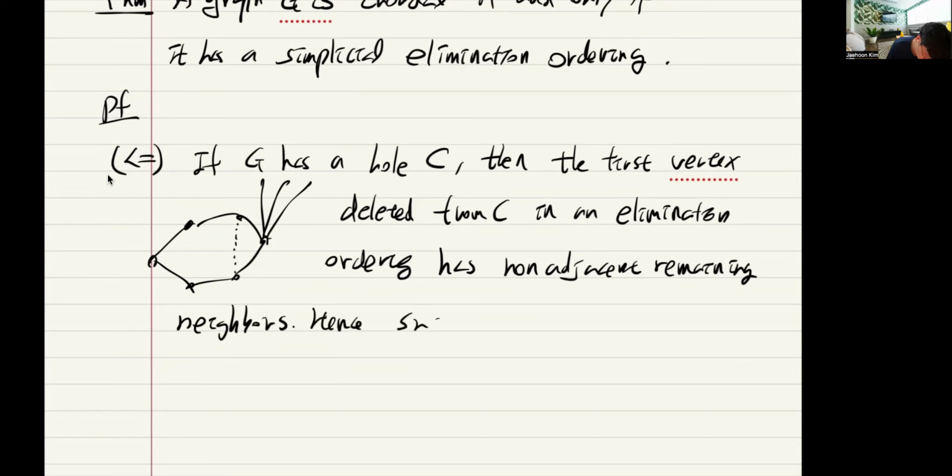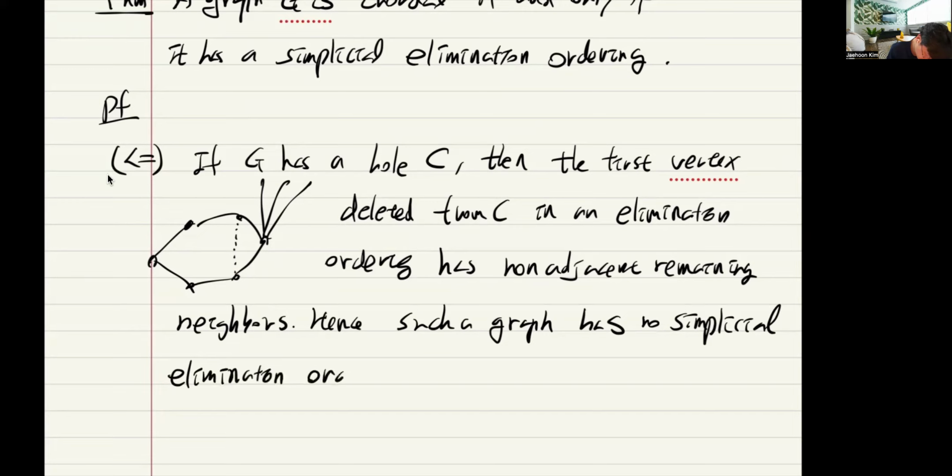Hence, such a graph has no simplicial elimination ordering.